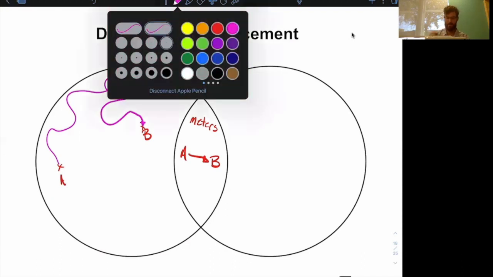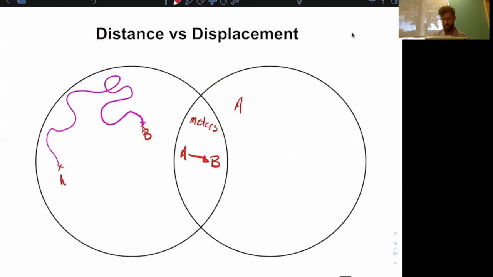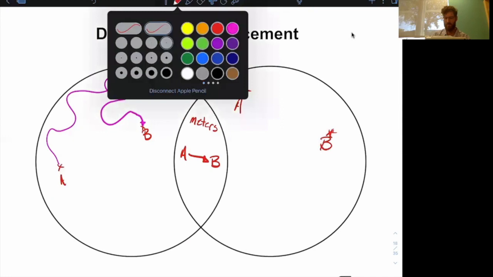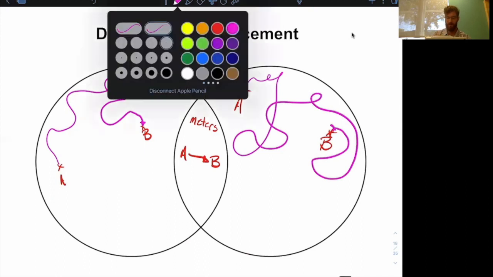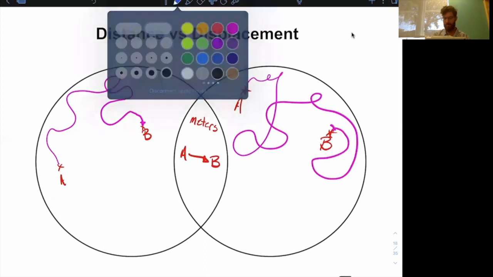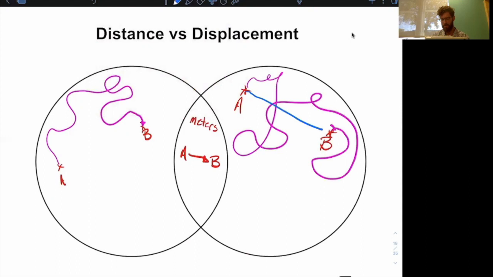Displacement, ladies and gents, is a little bit different. Displacement is the idea that even though you did all this other stuff, even though you walked all the way around, in reality, you really only went from A to B. And this is the difference.